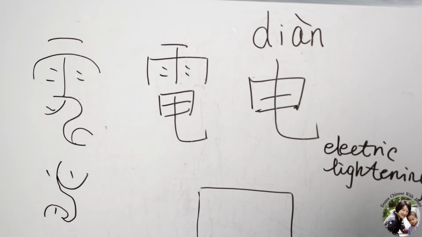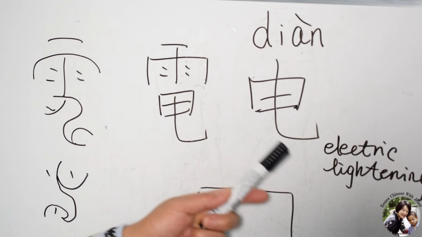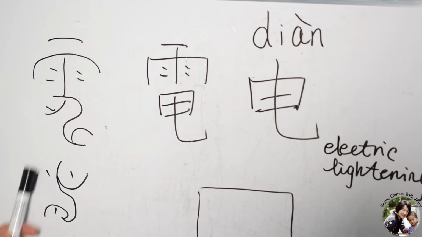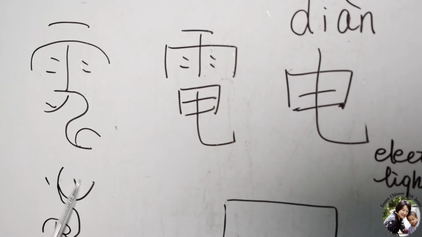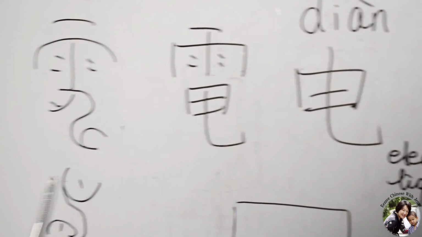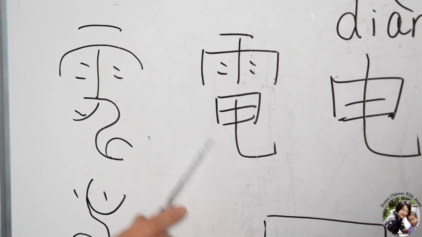I want to teach you another character, electric lightning. The original shape of this character is like this. Actually, this is the shape of the lightning in the sky, and these 3 dots represent the raindrops. It evolved like this.